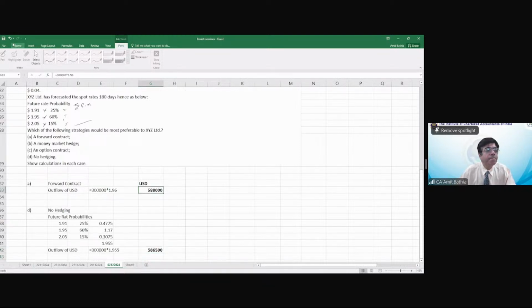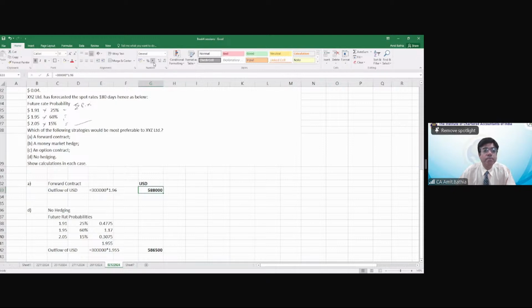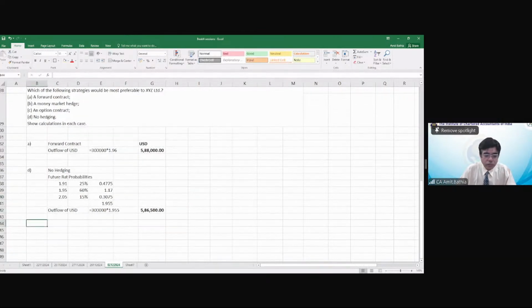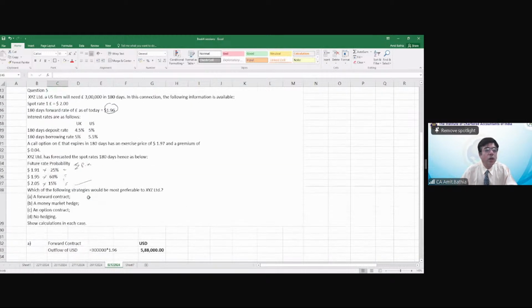Are you all with me? So far, so good? Yes, sir. The two easier options have already been completed by us. Now we focus on the second option, which is money market hedge. Before I start, do I have an obligation over here or an asset which I'm going to get?